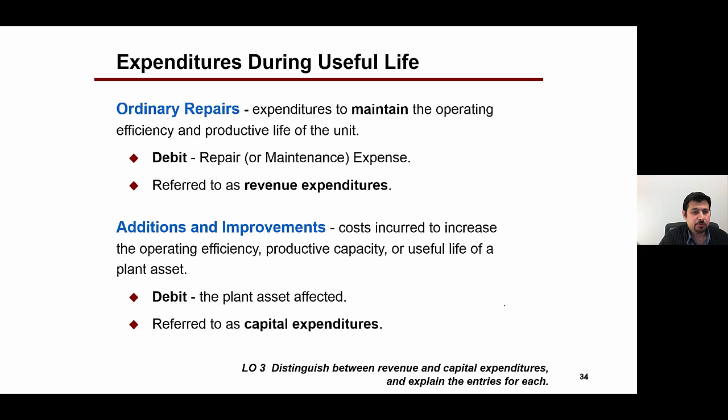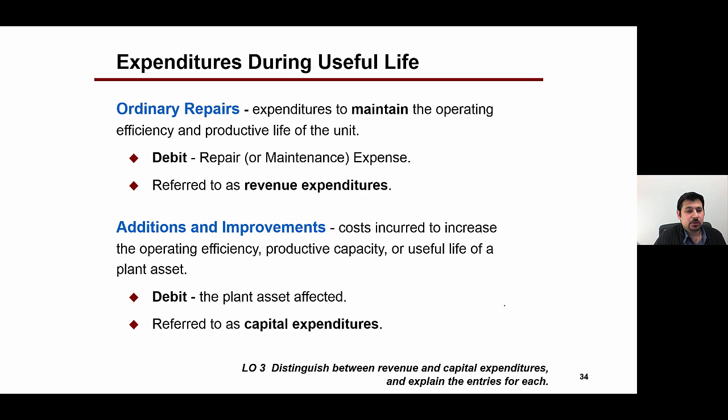Now, because of wear and tear, etc., companies might have some additional repairs or additions and improvements. When this happens during the useful lifetime, ordinary repairs are necessary in order to maintain the asset operational and productive at the same level.